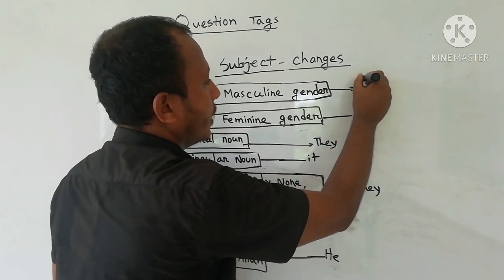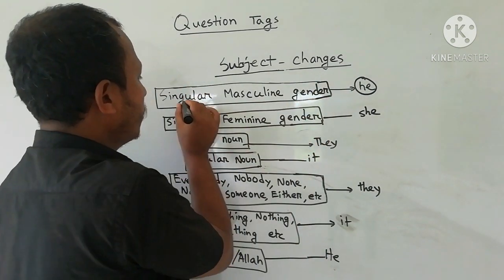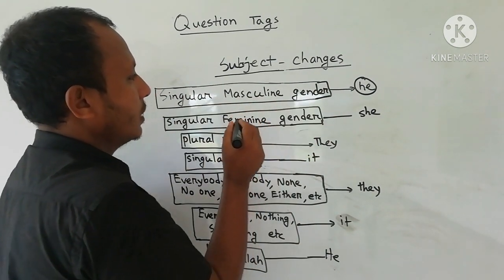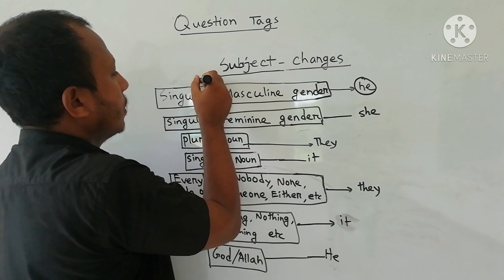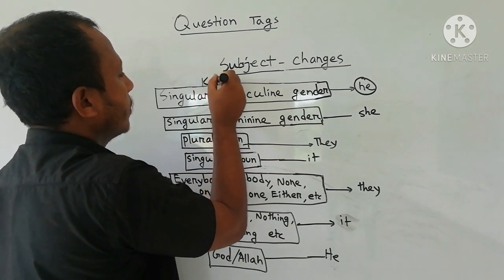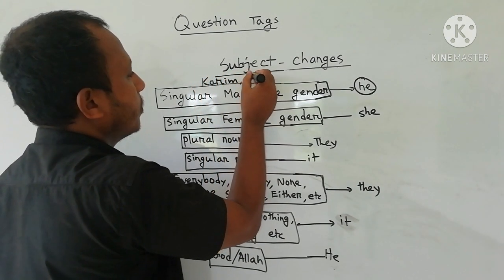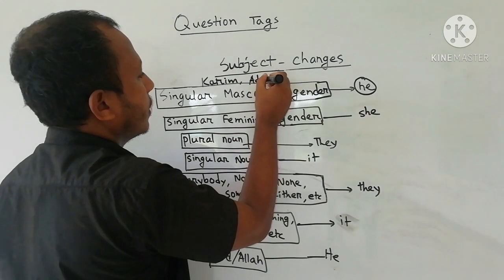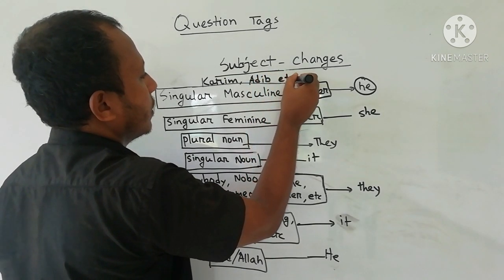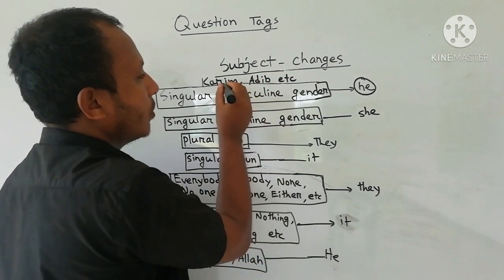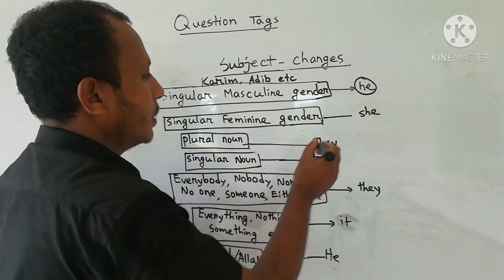This pronoun he will be used instead of singular masculine gender, for example, Karim, Adib, etc. These are the singular masculine gender.